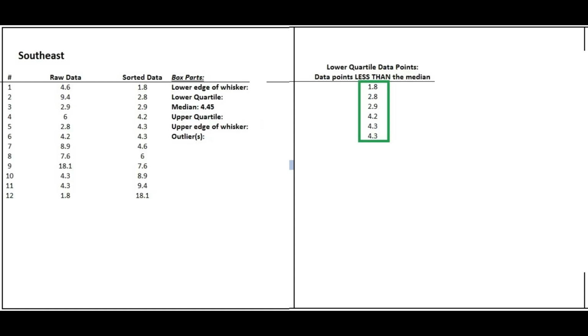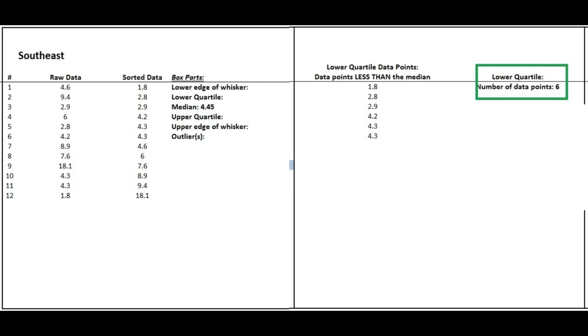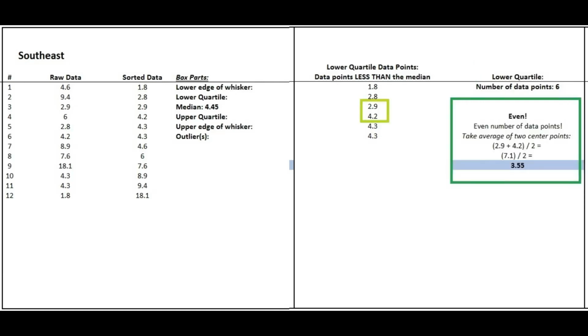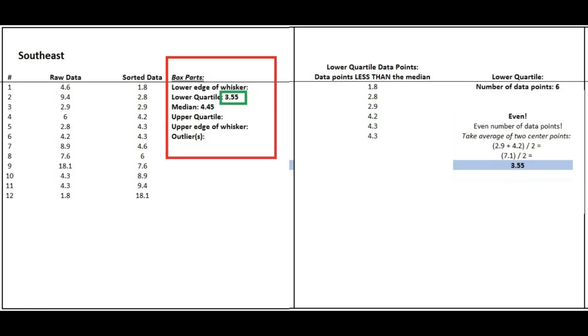That's our dividing line. So looking at this, we have 6 data points, and again, that's an even number. So we take the average of the two center points, 2.9 and 4.2. 2.9 plus 4.2 is 7.1, divided by 2 is 3.55. So our lower quartile is 3.55, the median of those low numbers.